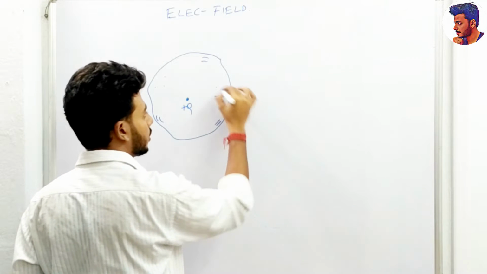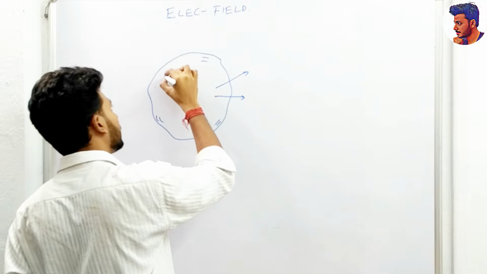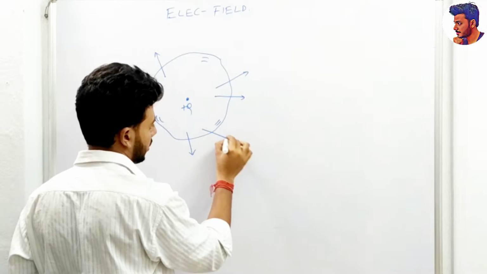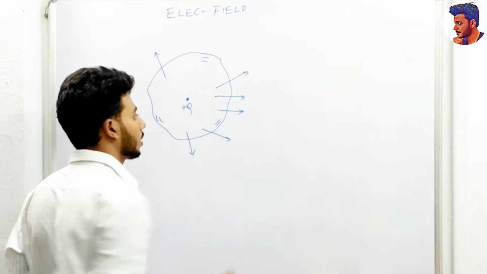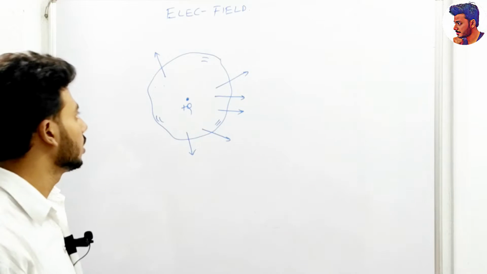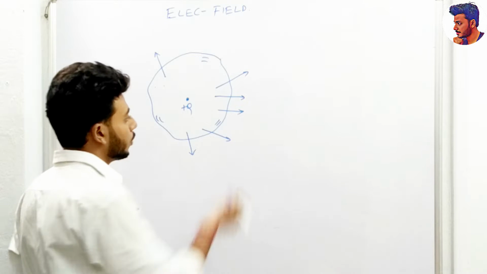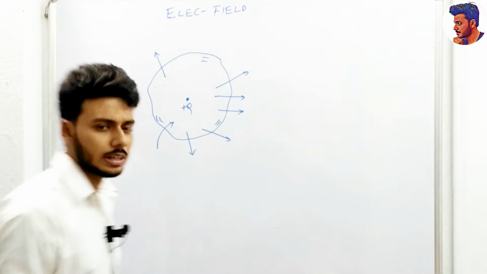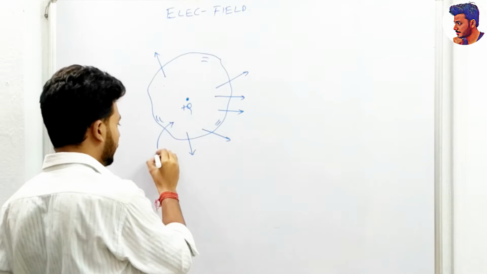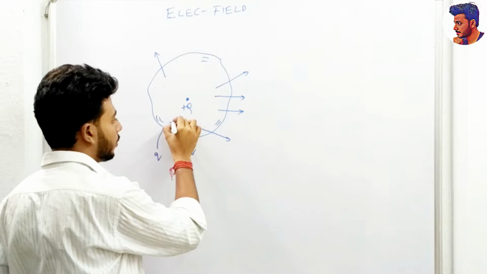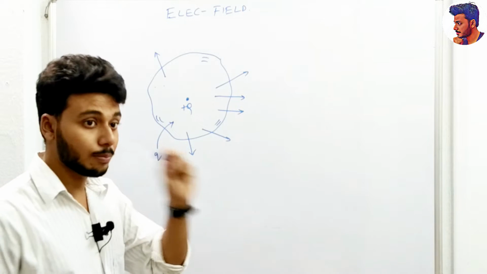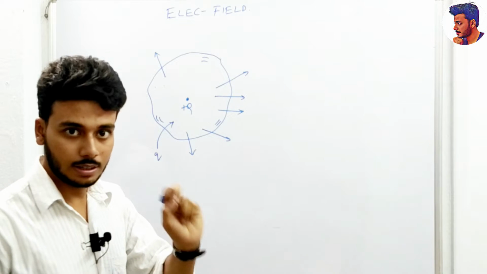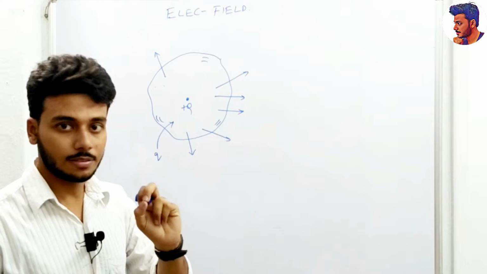This point is affected by force, this point is also affected by force, and so on. So if you put another charge into any point in that electric field, it means that you are putting a test charge into any point in the electric field, so that point will also experience some kind of force. Yes, according to the definition of electric field.